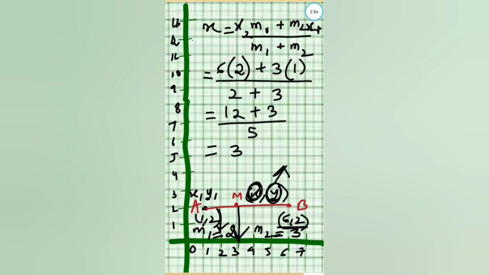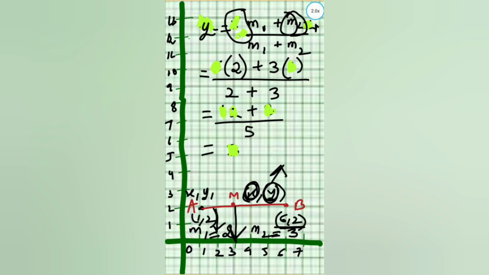Let me change the page and get this y now. Same process. Only here you have to put y2 with m1 and y1 with m2. The formula is the same. So now look at this one. I have kept the same page, changing the numbers only.